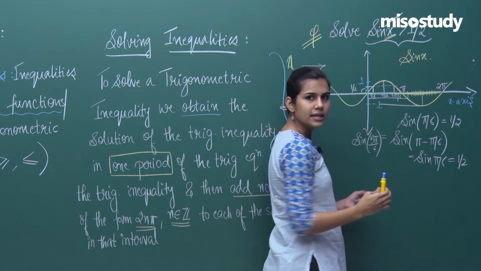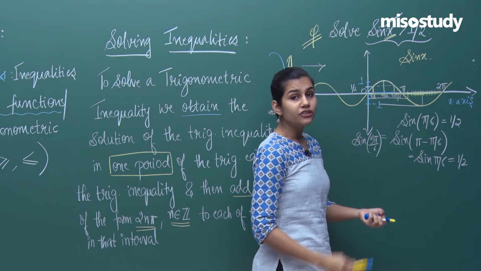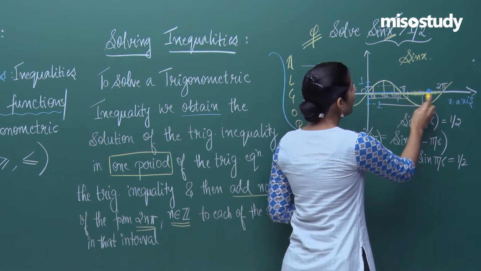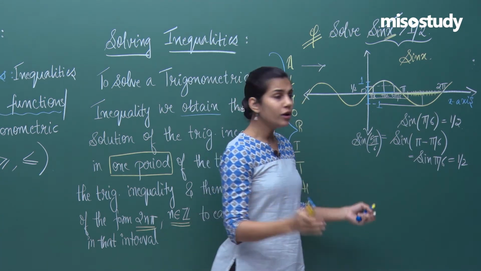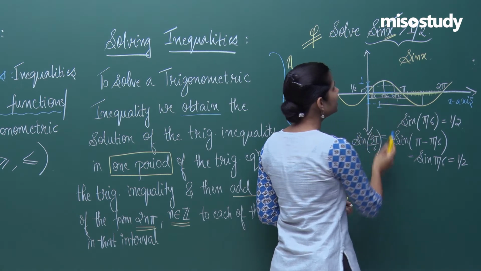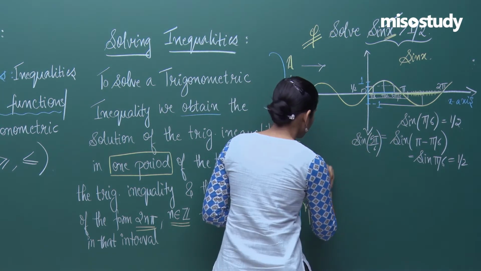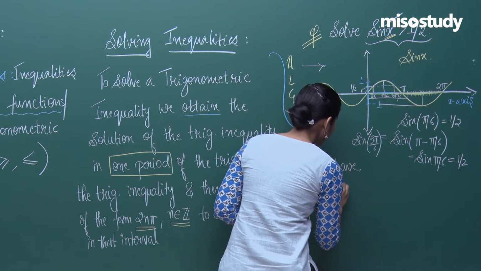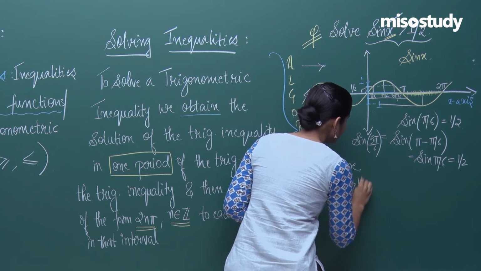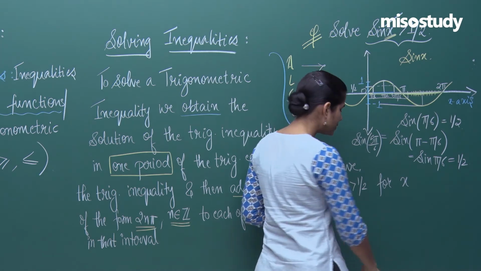Before pi by 6, the sine ratio is less than half. After 5 pi by 6 to pi, the sine ratio is again less than half. From pi to 2 pi, the sine ratio is negative, again less than half. Only and only in this portion is the sine ratio greater than half, and that means sin x is greater than half for x lying between what?